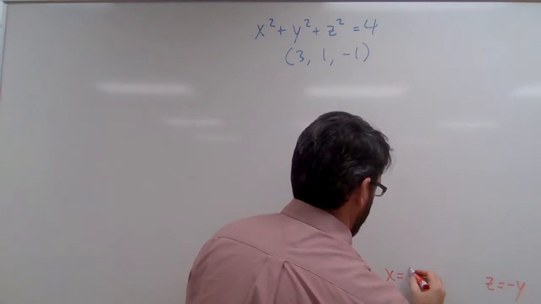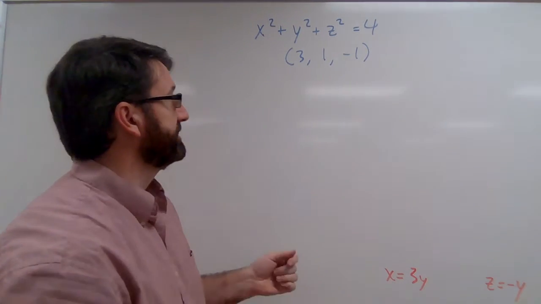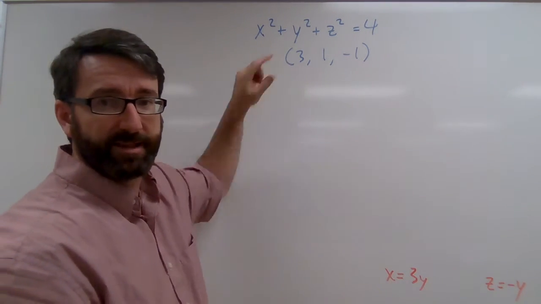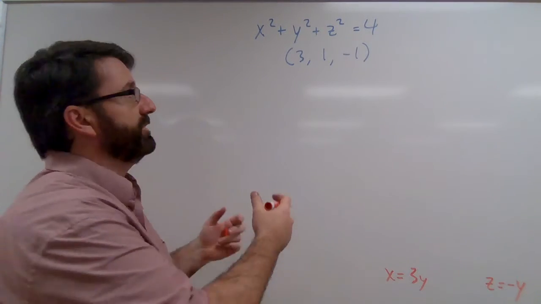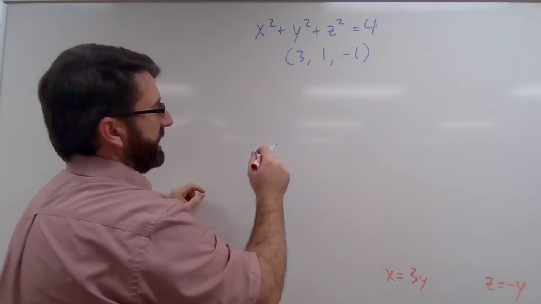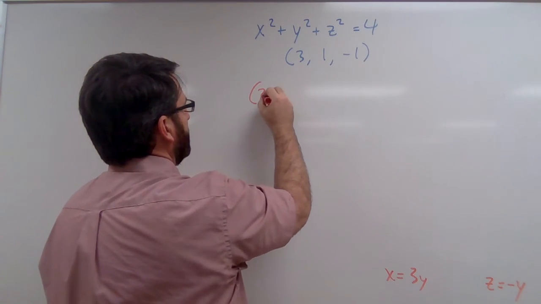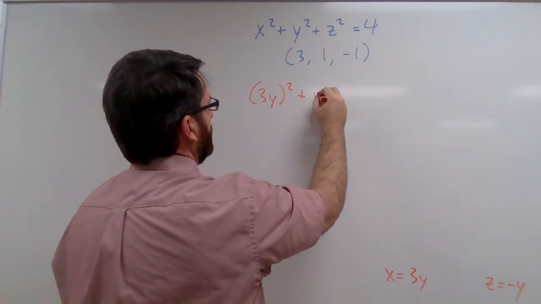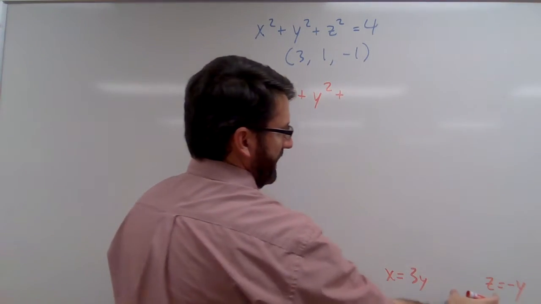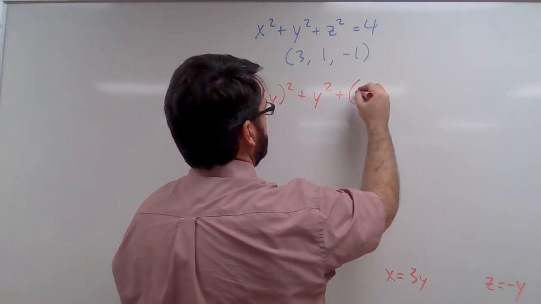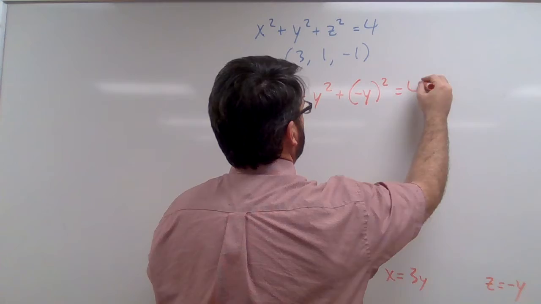Now this is x equals 3y, z equals negative y. Let's go ahead and plug that back up in here into our constraint. So if we plug 3y in for x, we get (3y) squared plus y squared plus negative y for z, so (-y) squared equals 4.